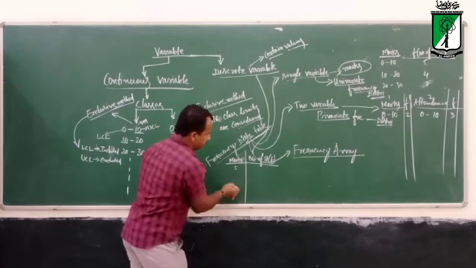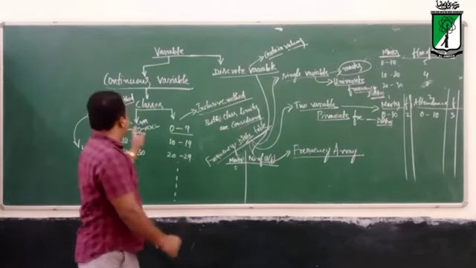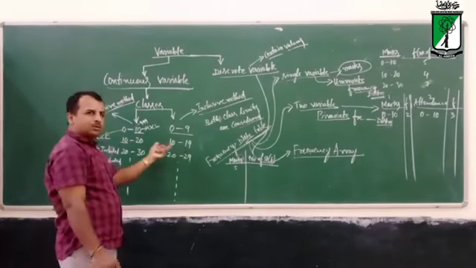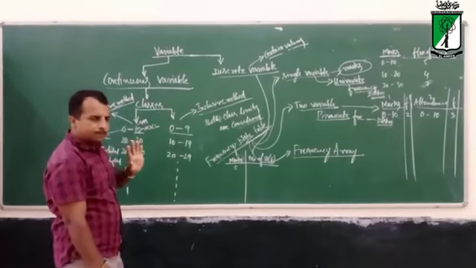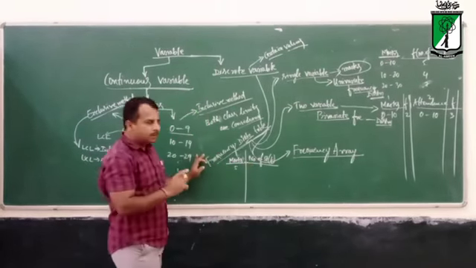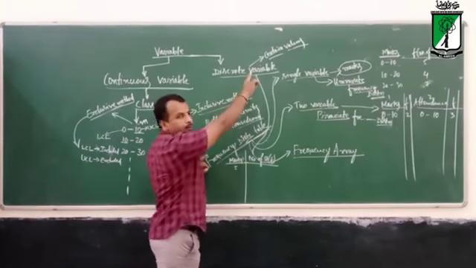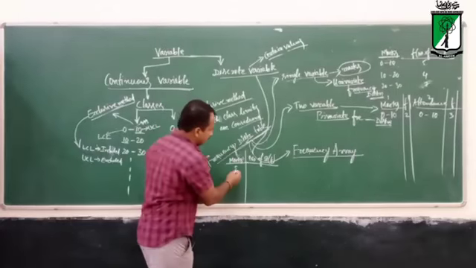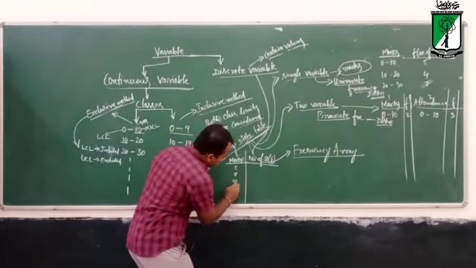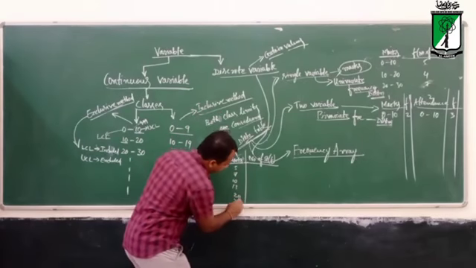Here you are not finding classes, keep that in your mind. Whereas under the continuous variable you will find classes, and there are two types of classes that I already explained. Under the discrete variable you will not find classes, only certain values like 5, 7, 10, 13, 20, 25.